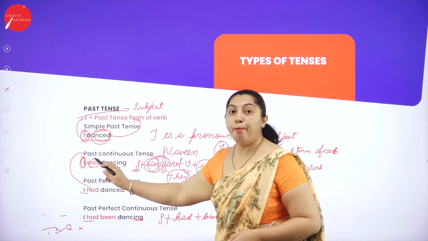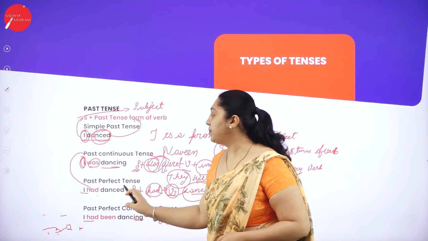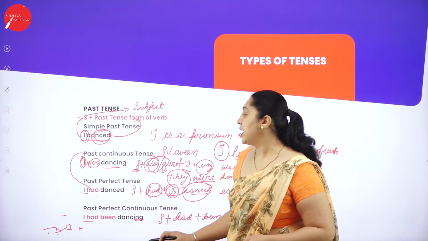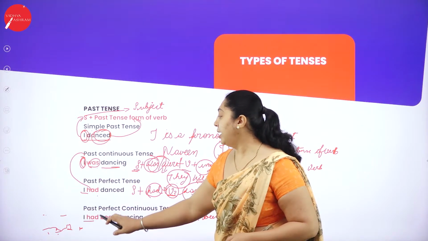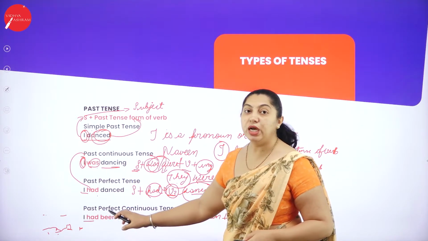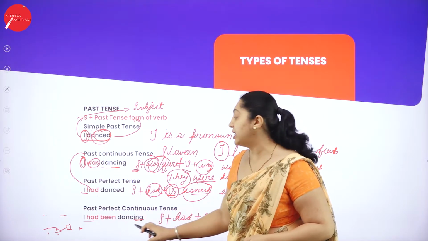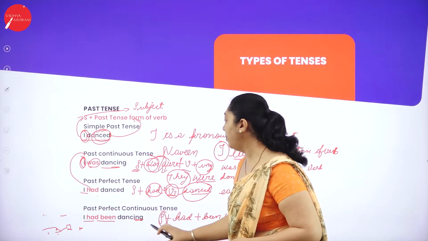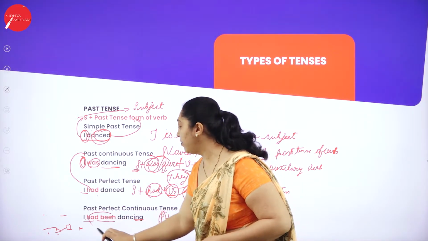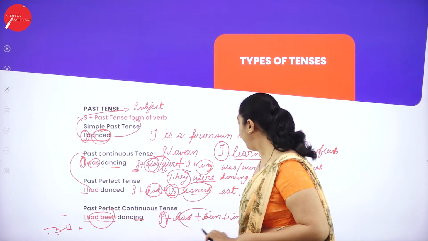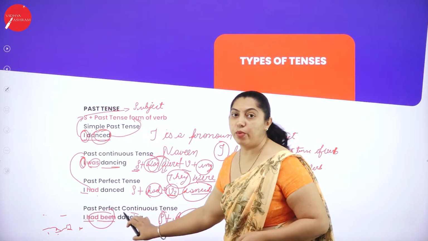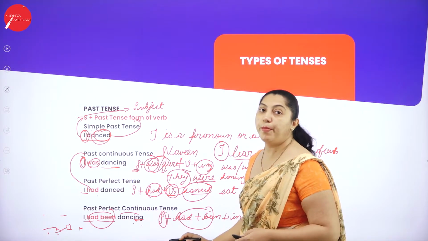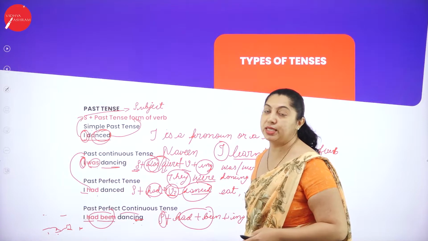You need to club past continuous tense and past perfect tense to make it a past perfect continuous tense. So here, had been. When it comes to the past perfect continuous tense, you will use the words had been. Now I is the subject here, had been is the auxiliary verb, and the verb is in the ing form, dancing. This is the past perfect continuous tense.